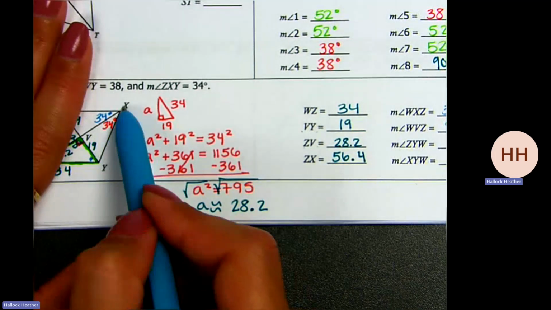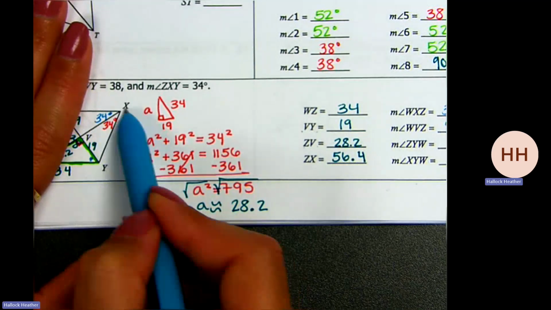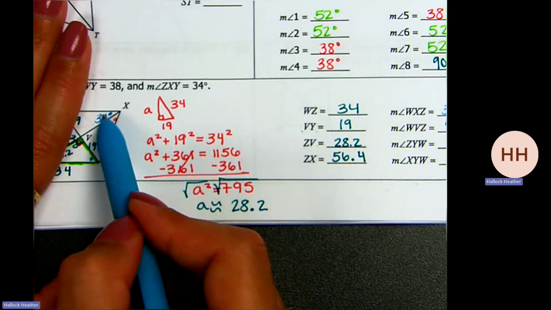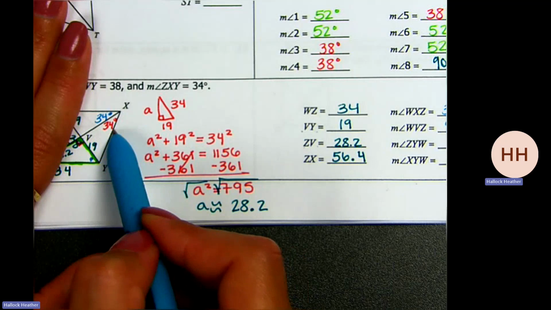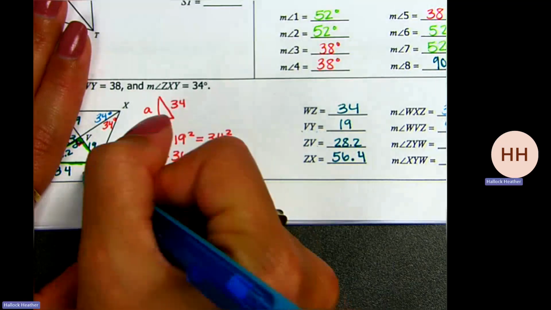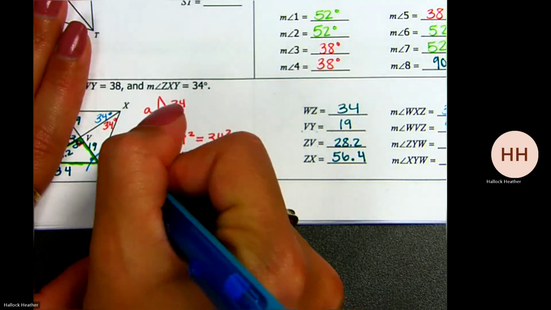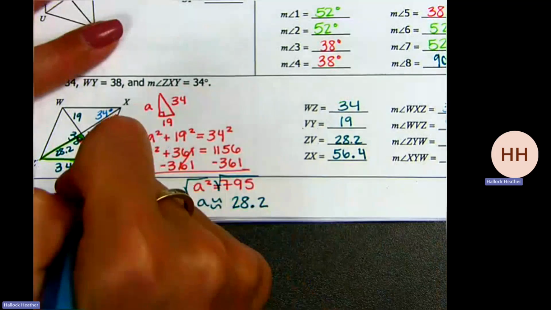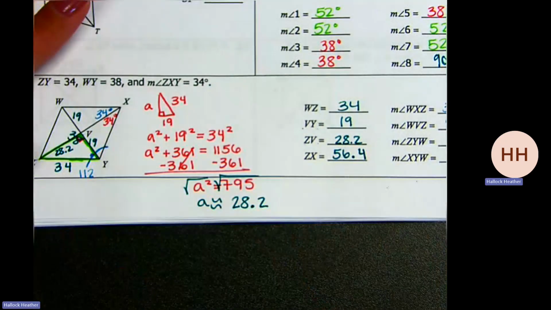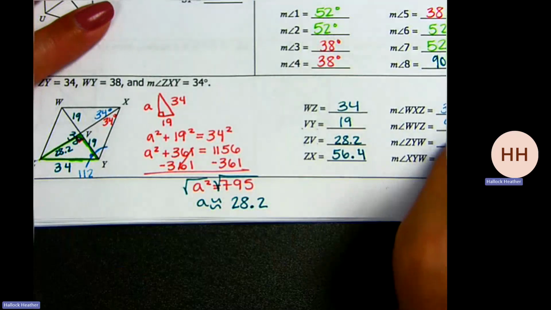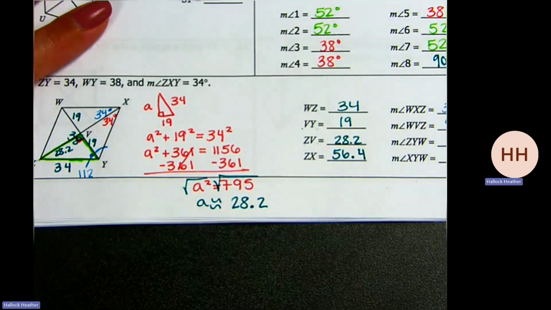They have to add in total. This whole side needs to add to make 180. So if I take 180 and I minus 34 and I minus 34, what do I get for this whole angle over here? 112. And then if I divide by 2, I get 56. That means each of those angles is 56 degrees.